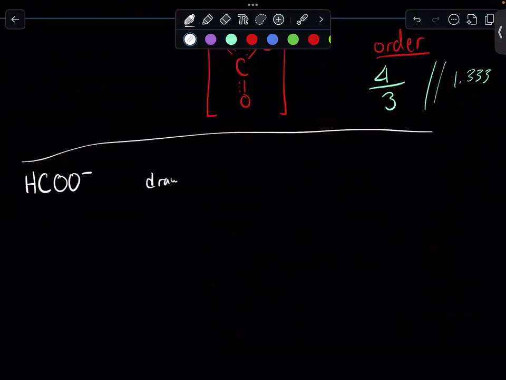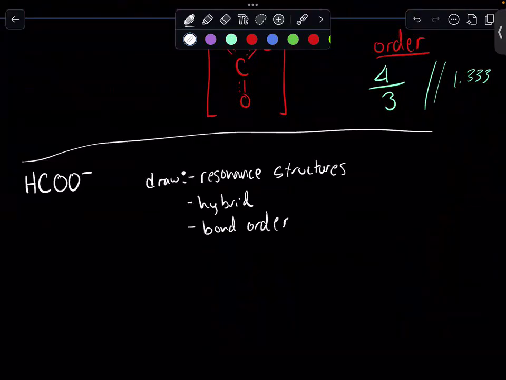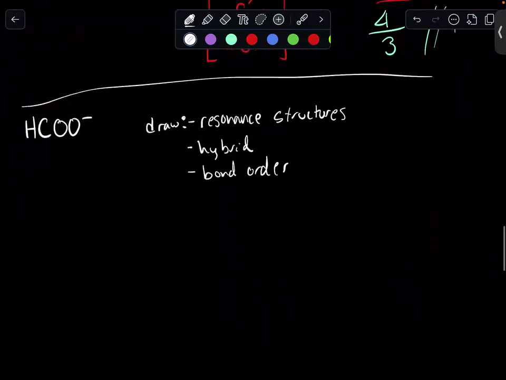We'll draw resonance structures. We'll draw the hybrid form. And we'll write the bond order. So pause the video, give it a shot. Otherwise, we're going over it right now.